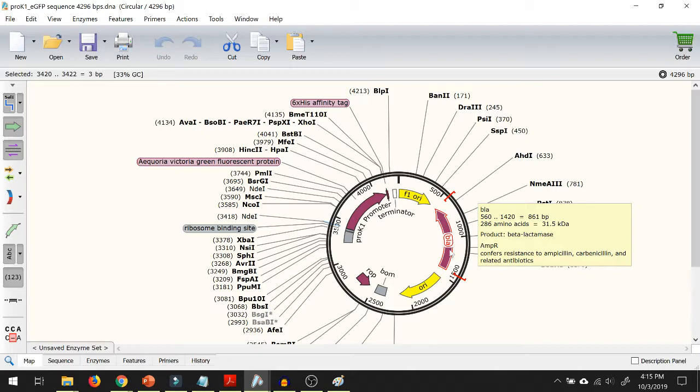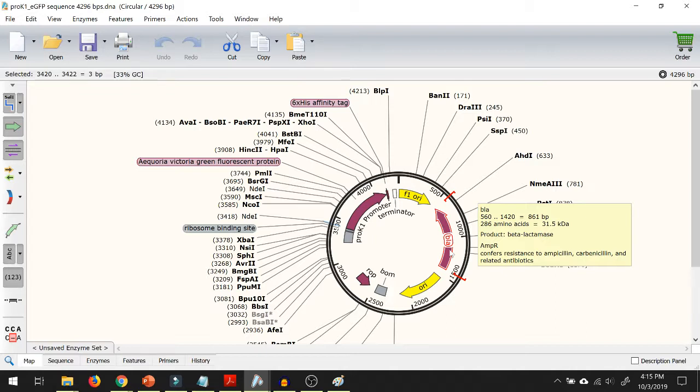And the plasmid backbone is just all the junk that you kind of need for the plasmid to work, right? It's just all that extra junk that's sitting around that makes the plasmid work. And generally you're not going to care too much.